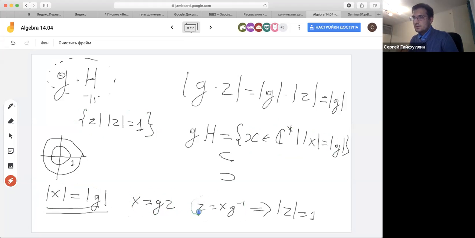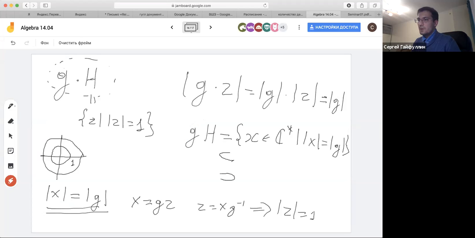But since the modulus of x equals the modulus of g, we obtain that the modulus of z equals 1, and hence z belongs to H. So we start with x from here, and we show that x equals g multiplied by z, and so we are here. Okay.